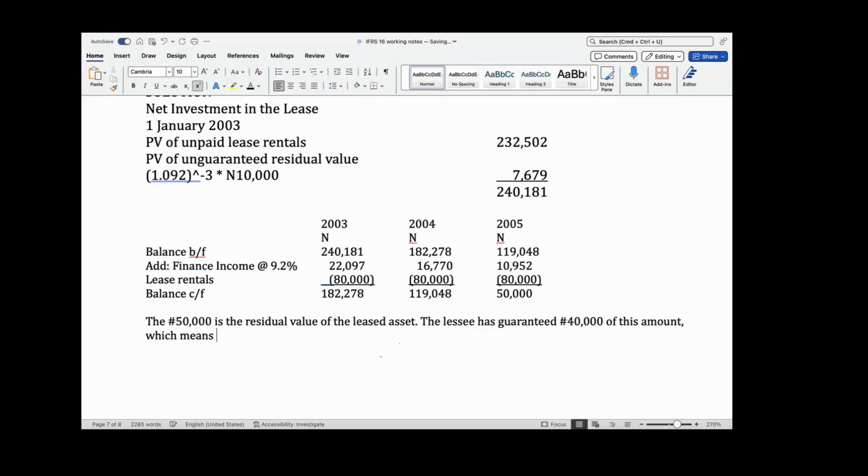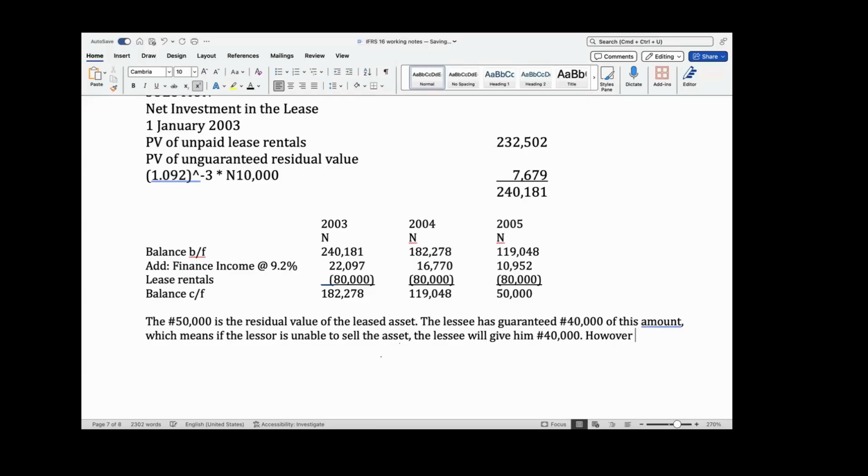which means that if the lessor is unable to sell the assets, the lessee will give him 40,000.